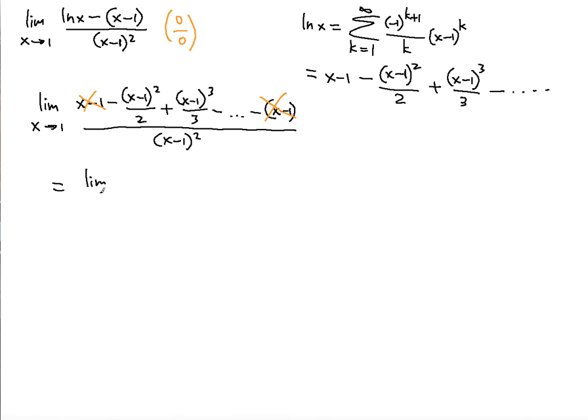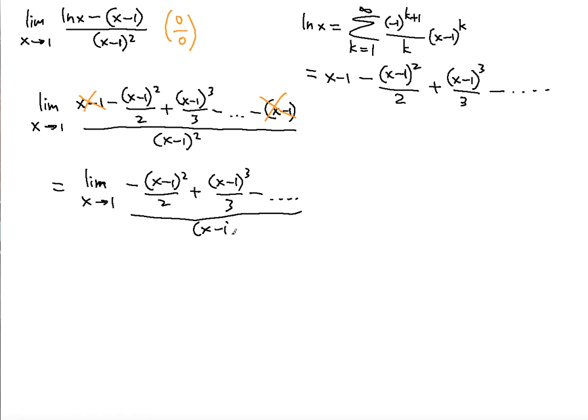So then you would get the limit as x approaches 1 of minus (x - 1) squared over 2 plus (x - 1) to the third over 3 minus and so on, alternating signs of course, divided by (x - 1) squared.